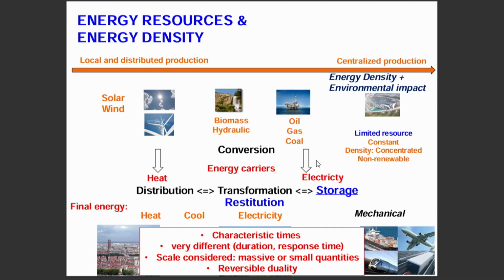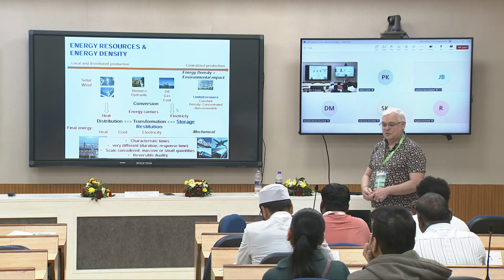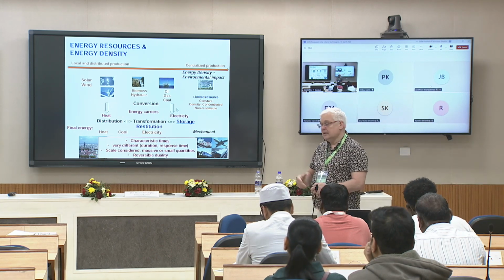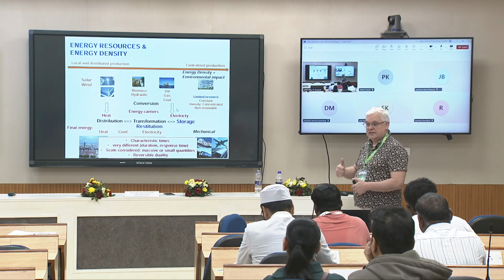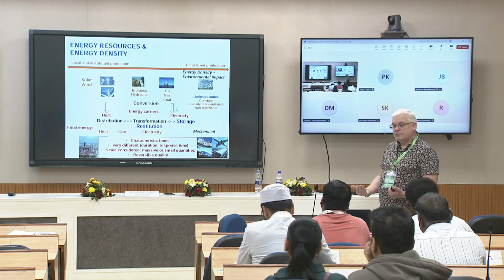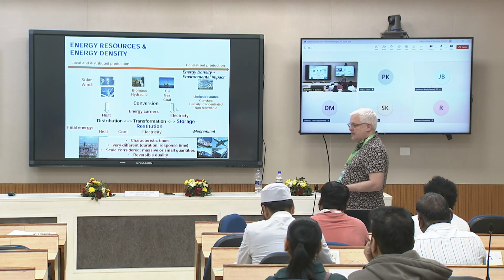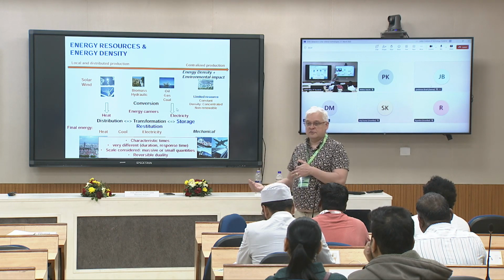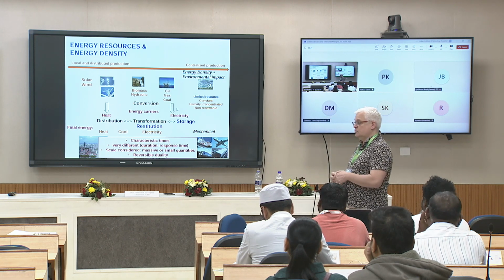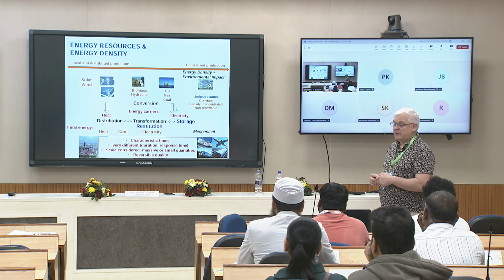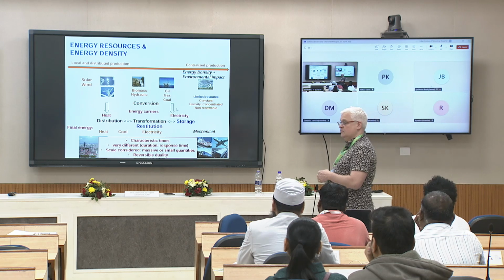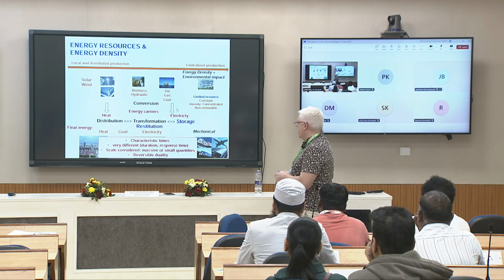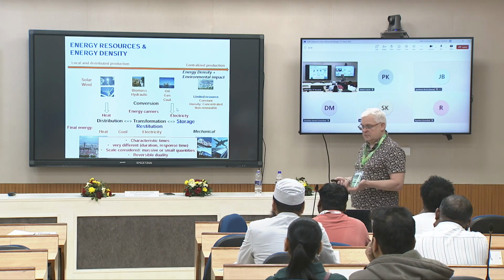But it is not as simple as my first slide saying that there is plenty of sun everywhere, so we should develop it. We have to take into consideration that the density has to be improved, that the time dynamics between production and consumption are different, so there is variability and intermittency to deal with, and at what scale we are considering.